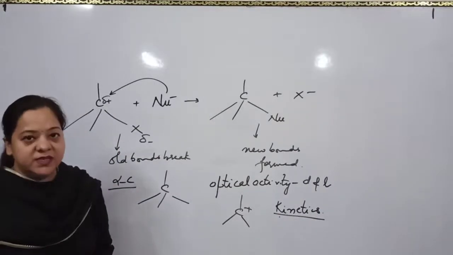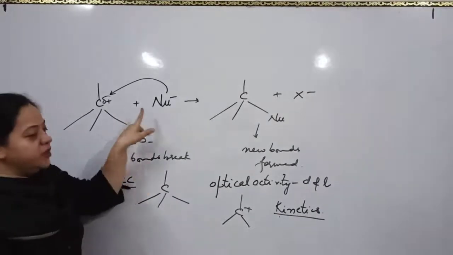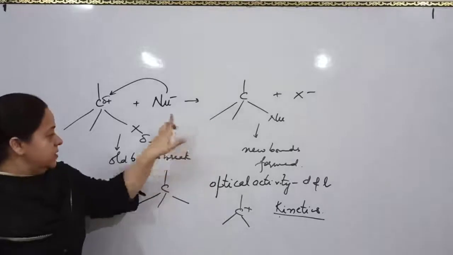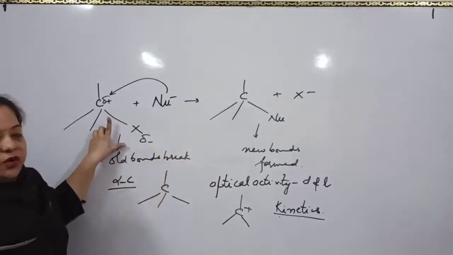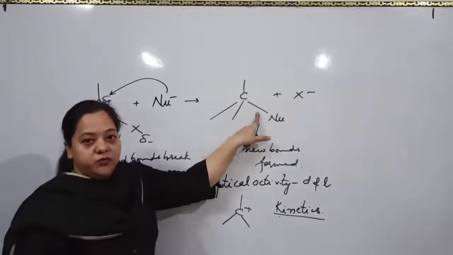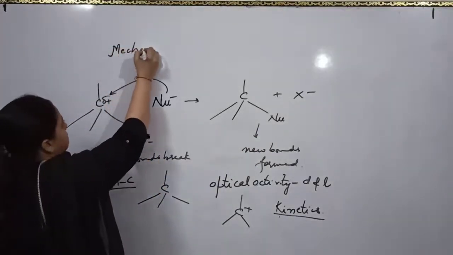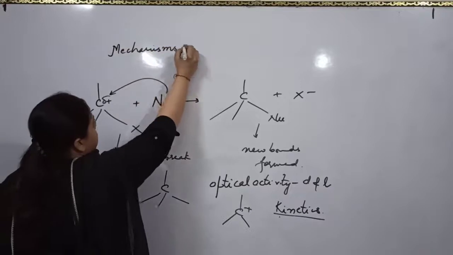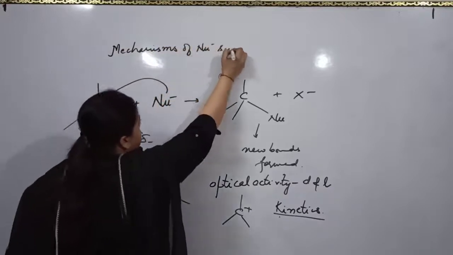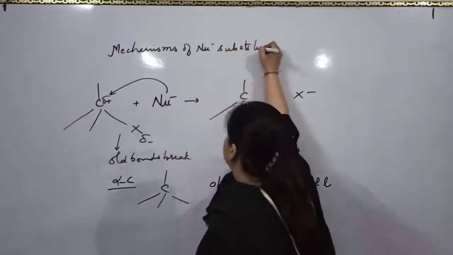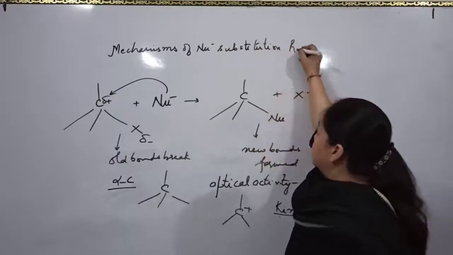And in the present lesson, in these nucleophilic substitution reactions, we'll study about this bond breaking and bond formation, that is, we'll study about the mechanisms of nucleophilic substitution reactions.